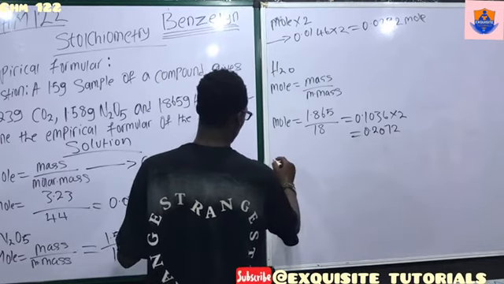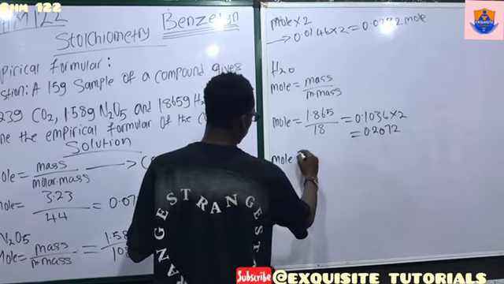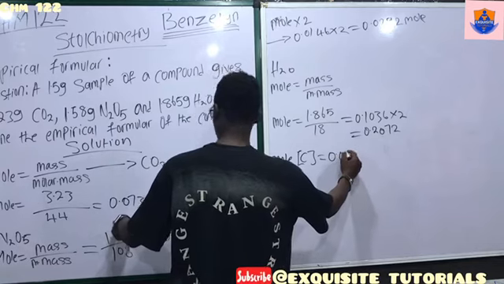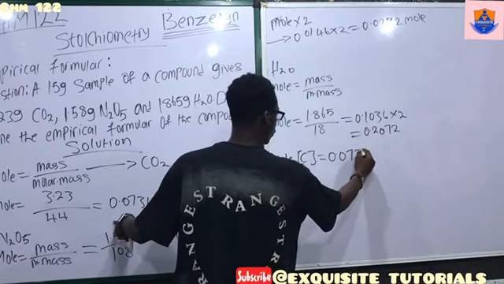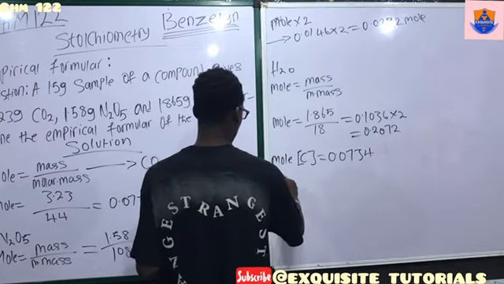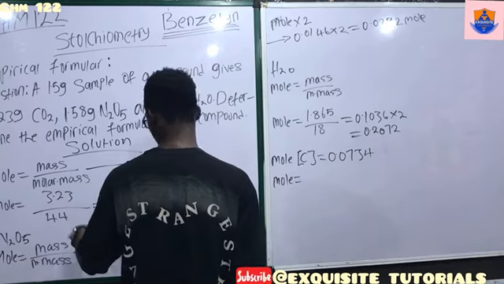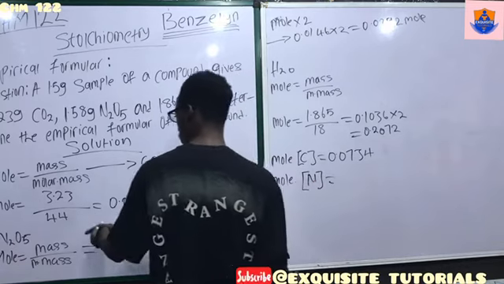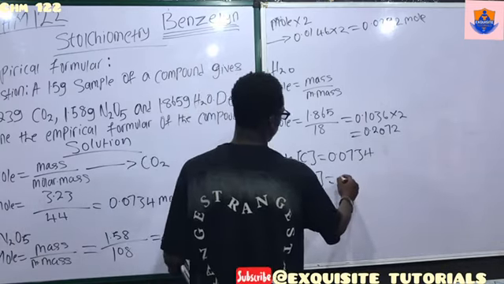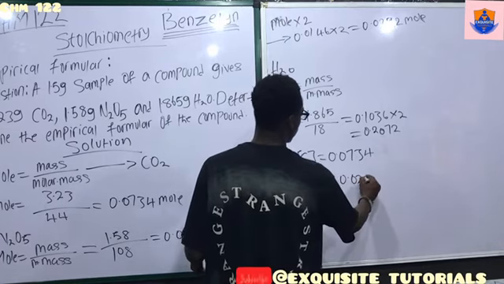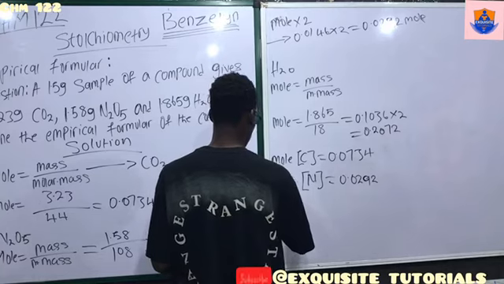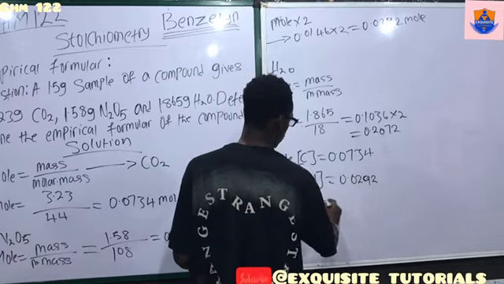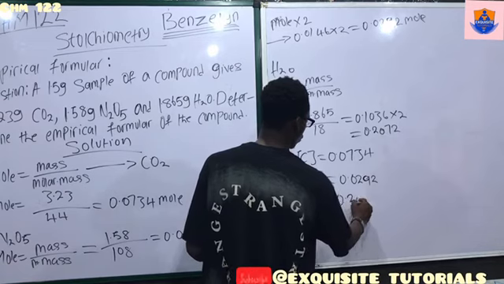All right, so now we have the mole of carbon as 0.0734, then mole of nitrogen as 0.0292, then mole of hydrogen as 0.2072.